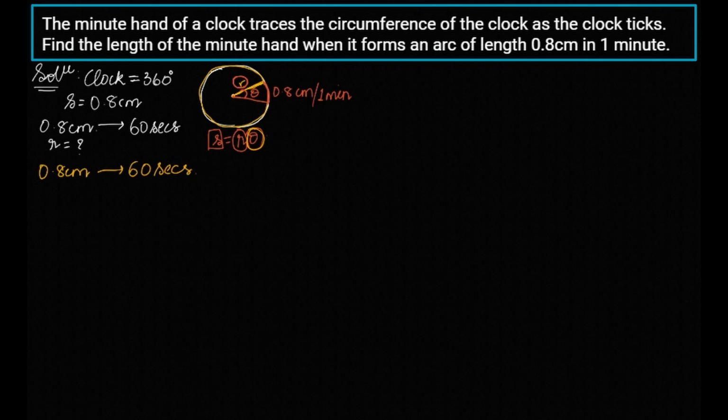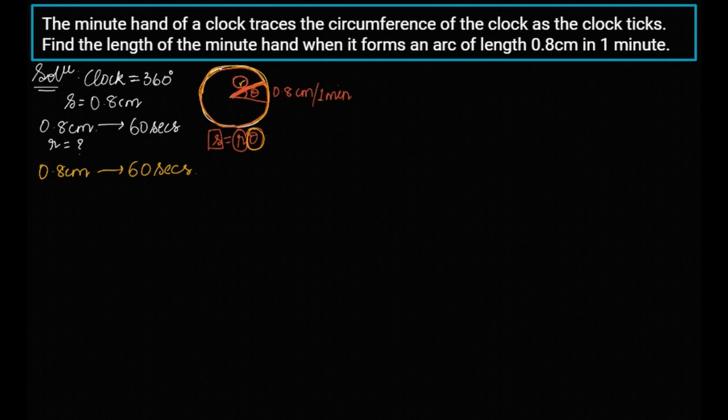And also we know that the clock measures 360 degrees, and first let us find out the rate of movement of our minute hand. So we know that the minute hand takes 60 minutes to complete one full rotation in a clock, that is to complete 360 degrees in a clock. So with this, let us first find out the rate of movement of our minute hand.